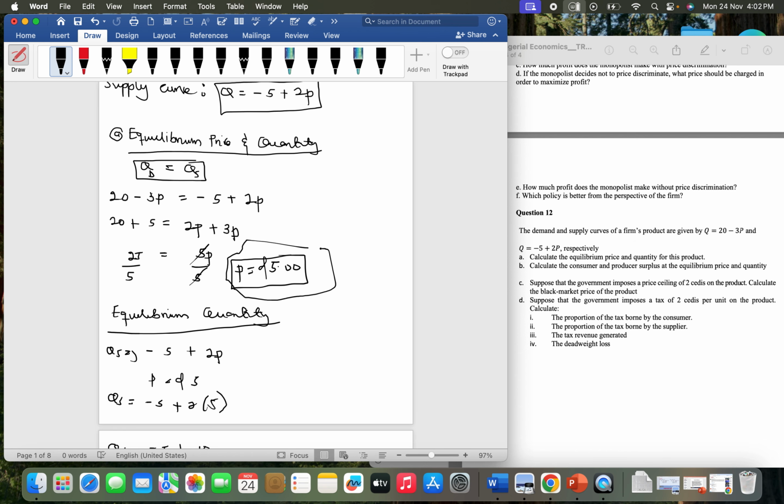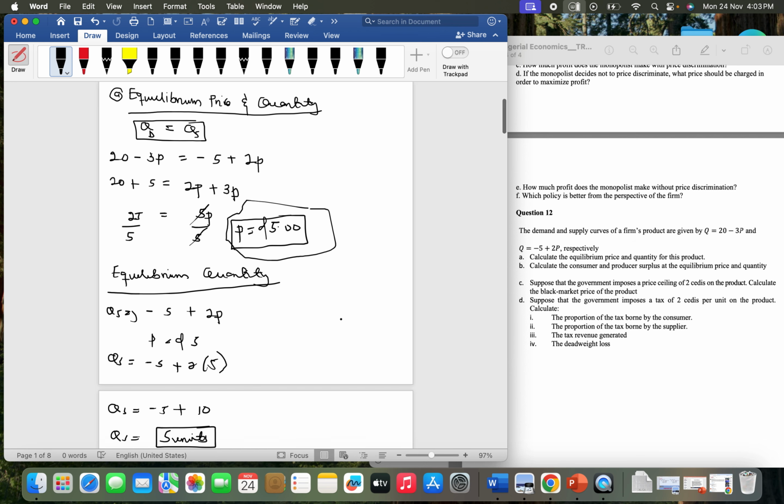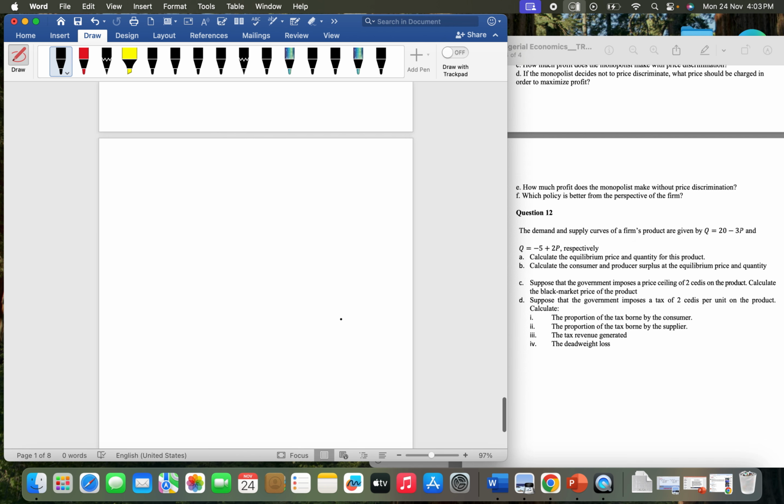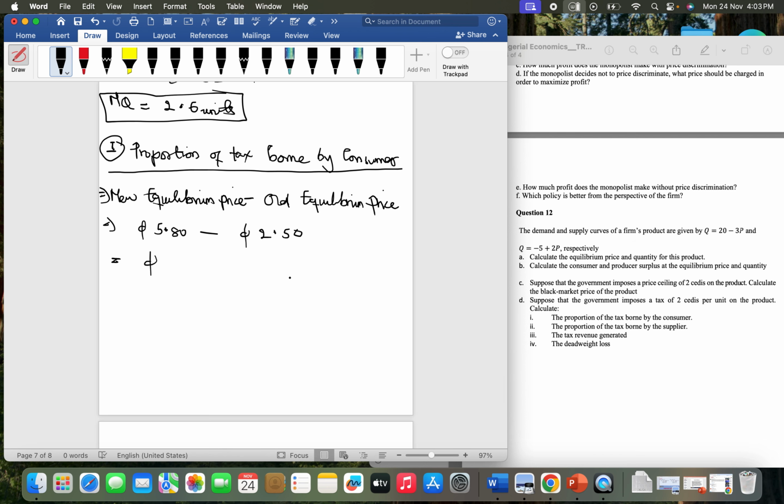It's 5 instead. Sorry about that. It's not easy. So the old equilibrium price is 5 cedis. So when we subtract, we are going to get 0.8.